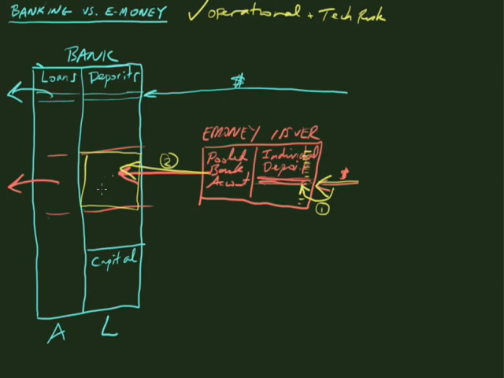These are operational technology risks because they're very straightforward conceptually. These are binary risks. Did the account get updated immediately when the deposit came in? Yes or no? Is the sum of individual deposit accounts equal to the sum of pooled bank accounts? Yes or no?